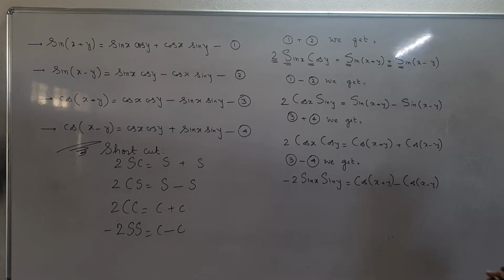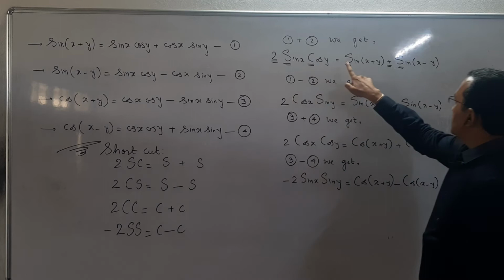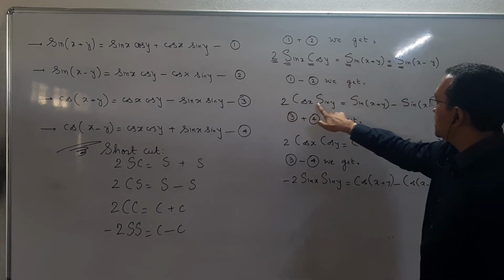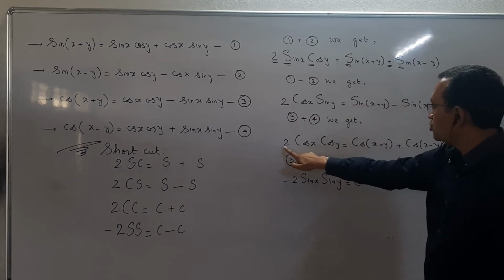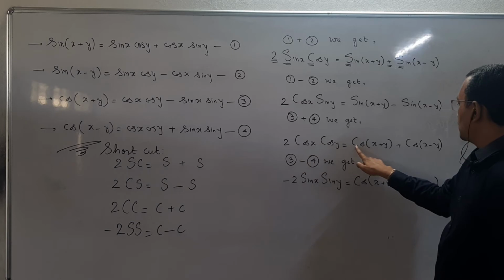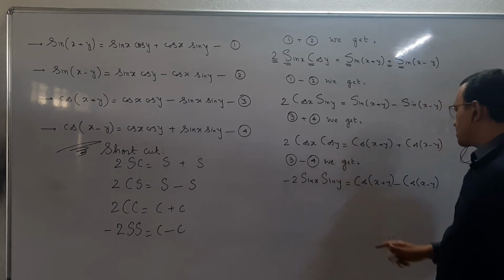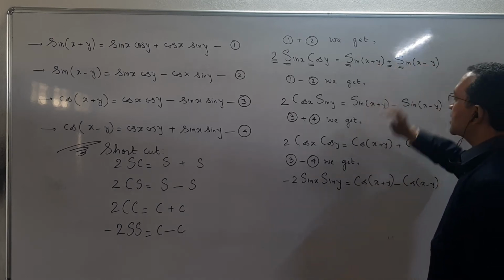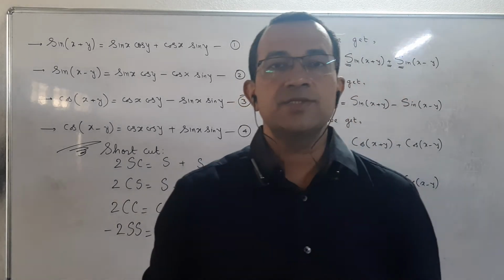I repeat, 2 SC is equal to S plus S. 2 CS is equal to S minus S. 2 CC is equal to C plus C. Minus 2 SS is equal to C minus C. Everywhere the first label is x plus y, second label is x minus y.